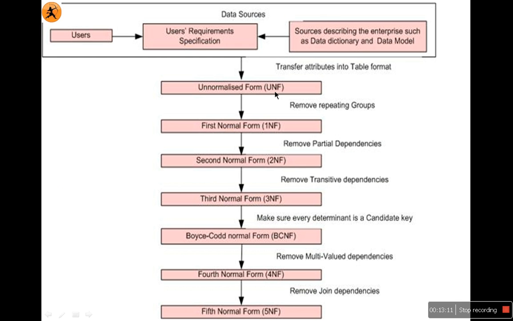Now this is data store sources. First transfer attributes into table form, means unnormalized form. Now first normal form is remove repeating group. Second, remove partial dependency. Third, remove transitive dependency. Fourth, make sure every determinant is a candidate key. Then remove multi-value dependency, remove join dependency.